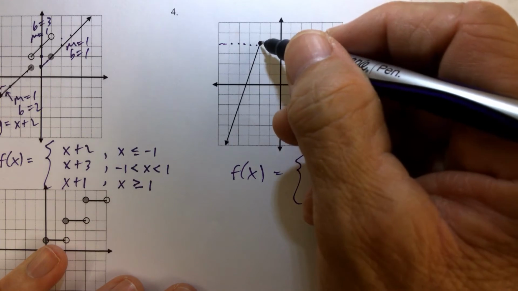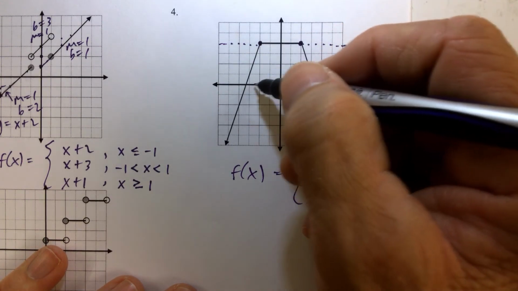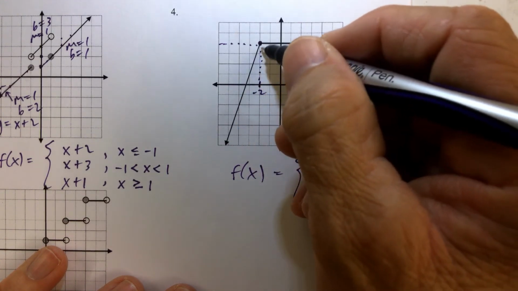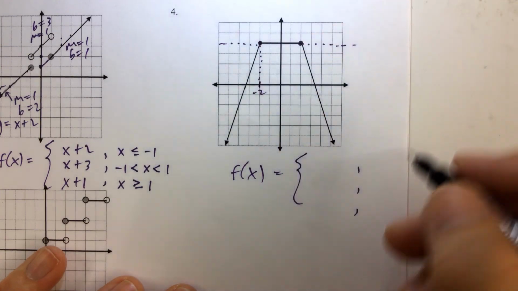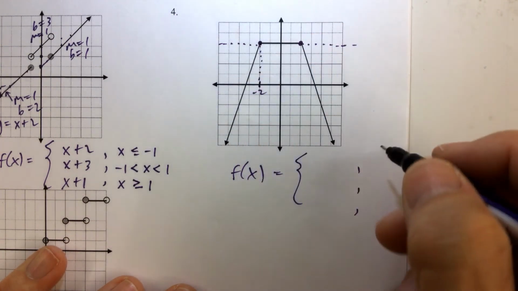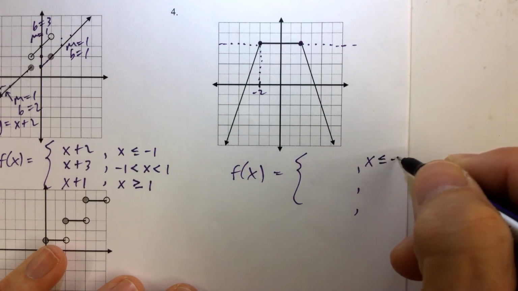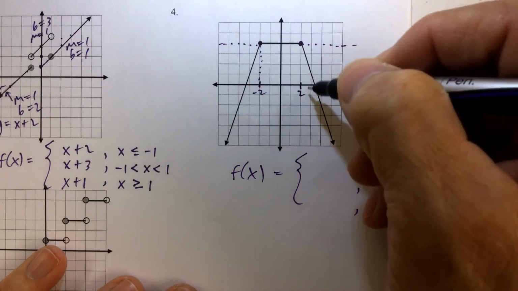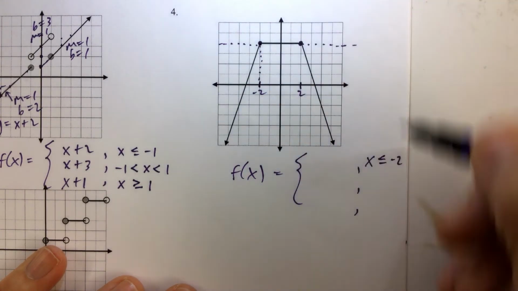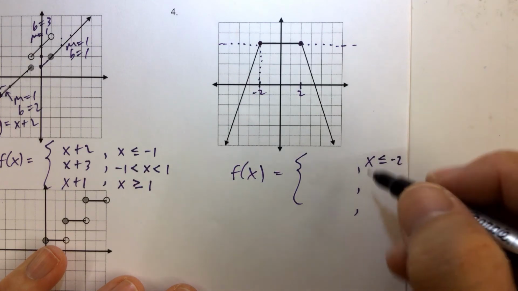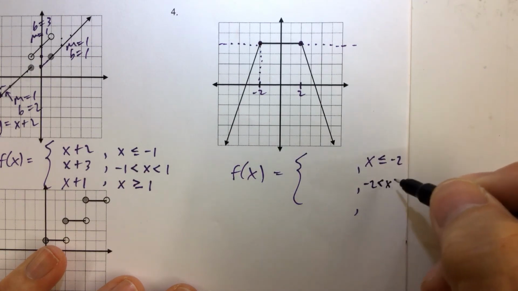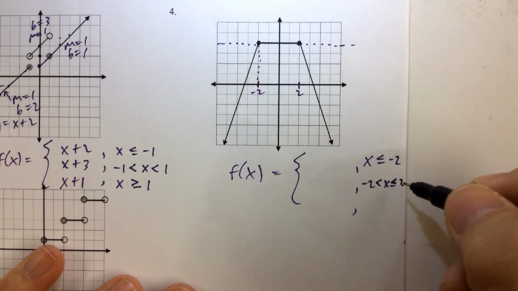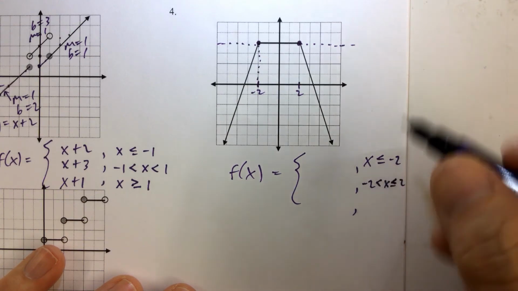So anyway, the domain restriction for the first piece would be x is less than, here's -2, and so we can see that the first piece ends at -2, and what I told you is the first piece, let that be the less than or equal to. Okay, and then we can see the second piece goes from -2 to +2, and we already used -2 as part of the domain restriction for the first piece, so we're going to let x be between -2 and +2, but x is not going to be allowed to equal -2 on the left side.